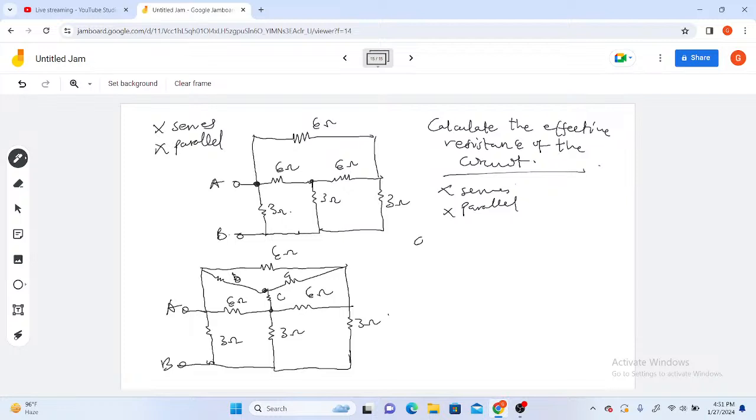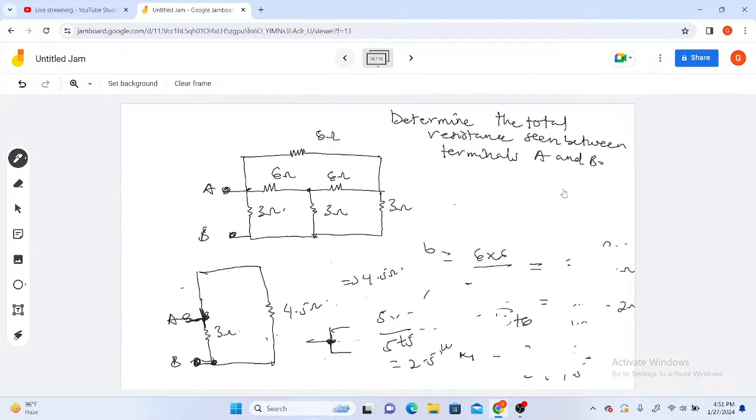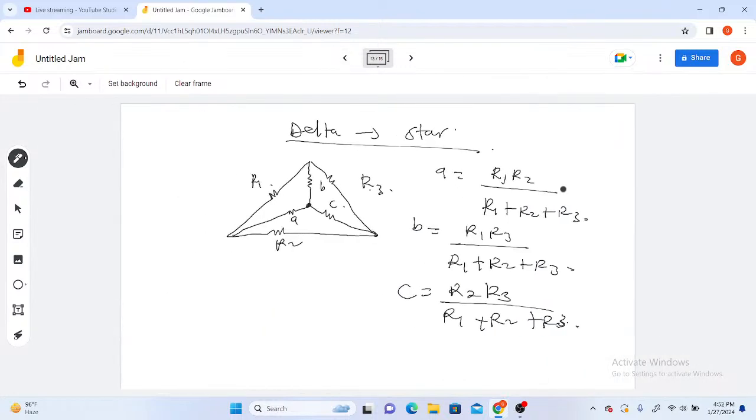I have my A. What's the magnitude? From our delta to star transformation, we made it known that if you have a resistor between any two resistors in a delta transformation, you just multiply the two resistors over the sum of the total resistors, that is the three resistors.